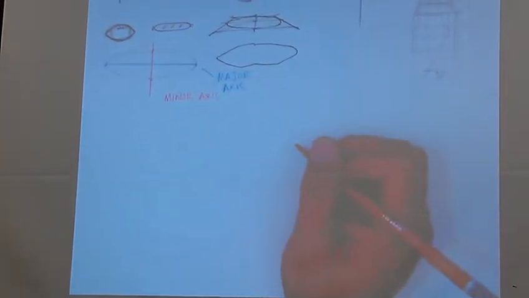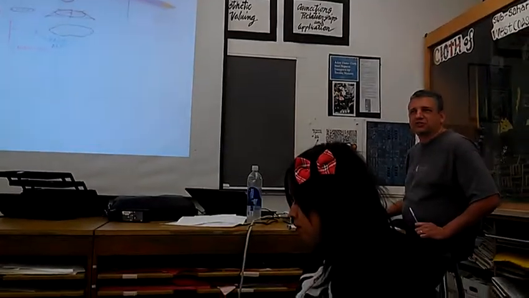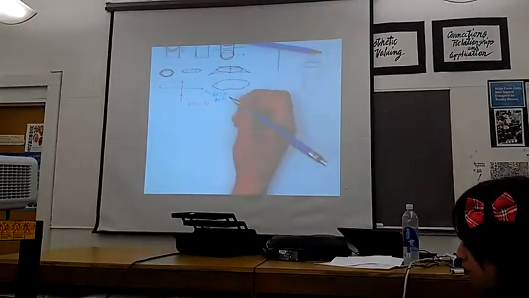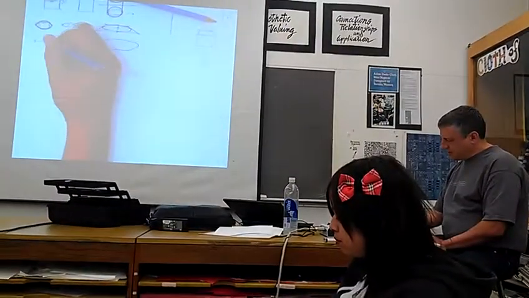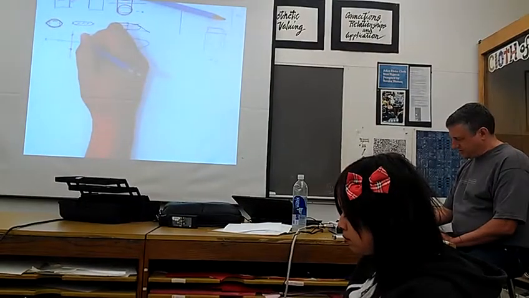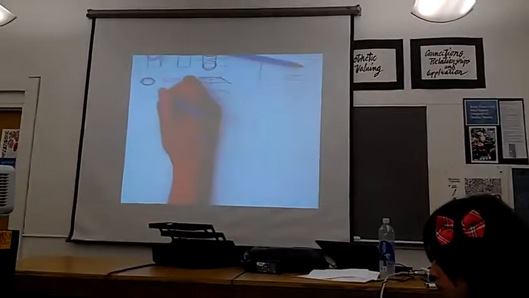All right? Now, this is what I want you to drill into your heads about ellipses. These two lines, the minor and the major axis, are always bisecting each other perfectly.